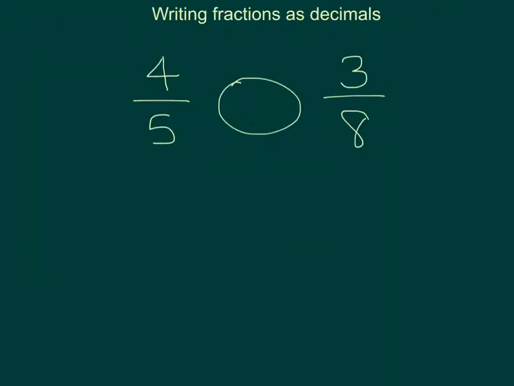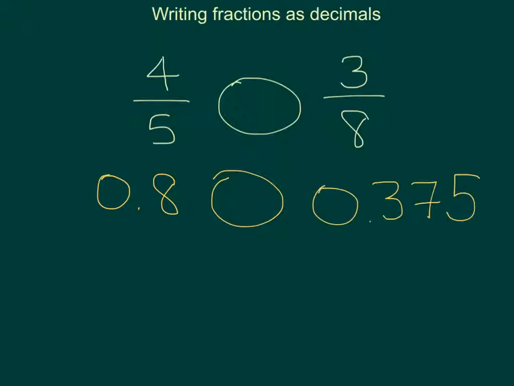You can also compare fractions by writing them as decimals. So we have 4/5 and 3/8. If we turn 4/5 into a decimal, we get 0.8. If we turn 3/8 into a decimal, we get 0.375.